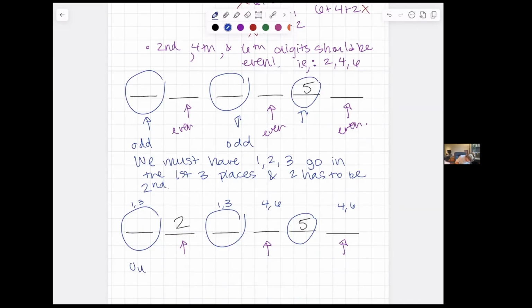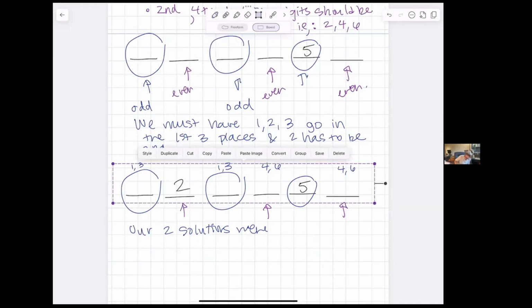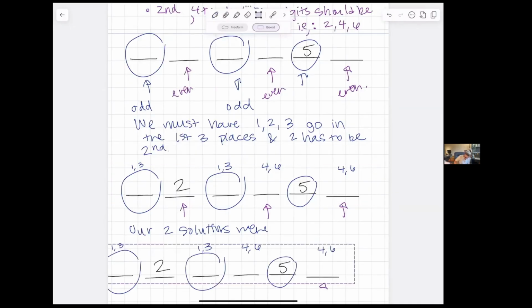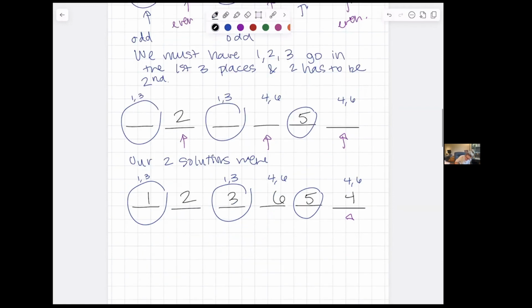So our two solutions were, let's see, I think we had 1, 2, 3, 6, 5, 4, and we had 3, 2, 1, 6, 5, 4, I think, right?